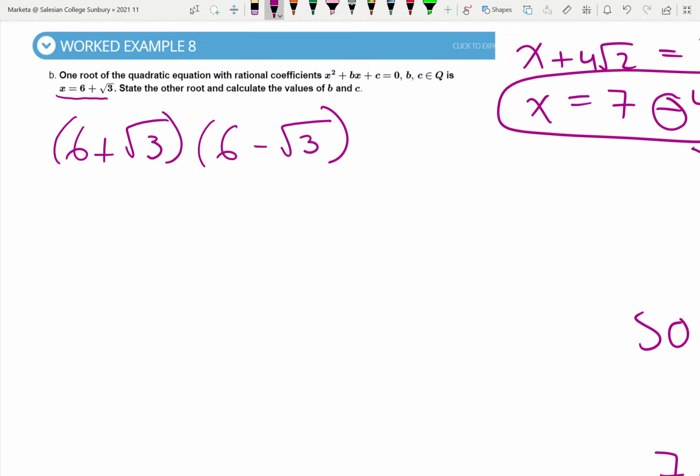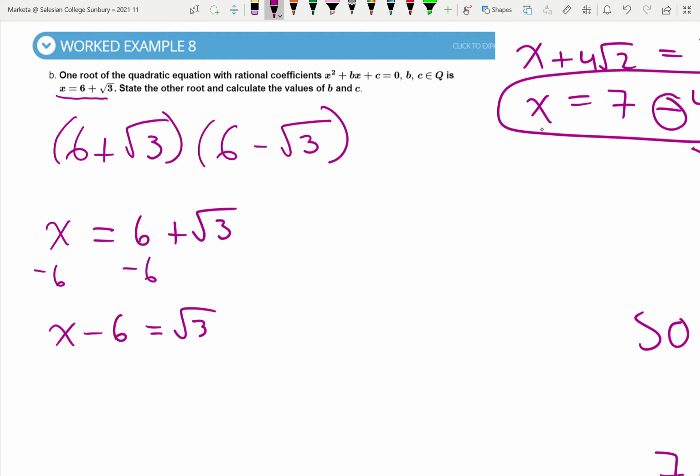So in that case, if I want to write this equation out, I can say x equals 6 plus root 3. So then if I minus 6 on both sides and minus root 3 on both sides, x minus 6 minus root 3, that's the first one.